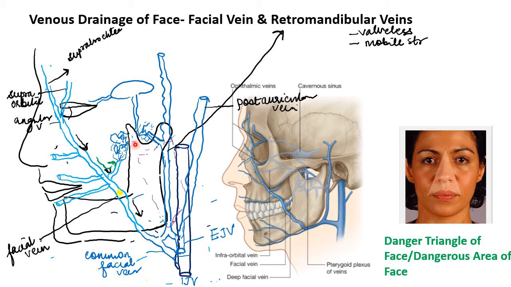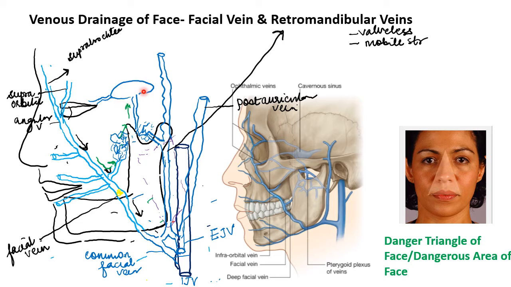And since it's in a deeper area, from here, again, because of the mobility of the facial muscles as well as the pressure gradients which have got established in this valveless system, the material can enter into the cavernous venous sinus. So the backflow of the blood would have resulted in the material entering into the cavernous venous sinus and causing a thrombosis of the cavernous venous sinus.